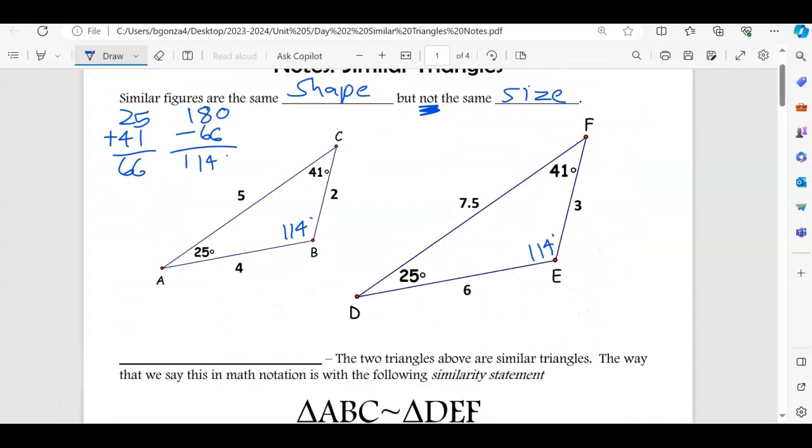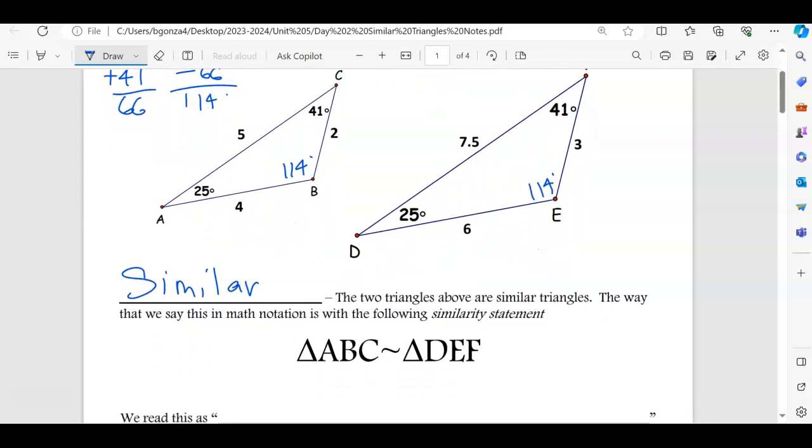So go and write the word similar. When we talk about similar, the two triangles above are similar. The way that we say this in math notation is with the following statement, okay? So similar is this little symbol. Do y'all see that? It's like a squiggle. The name for that is a tilde.